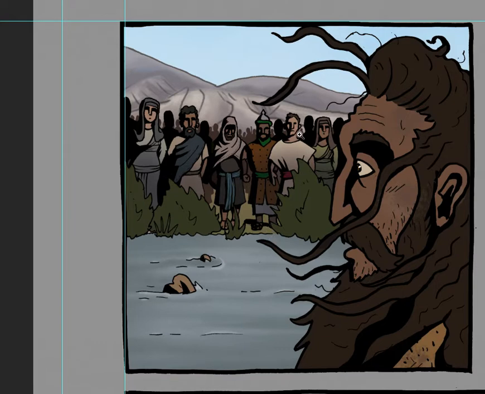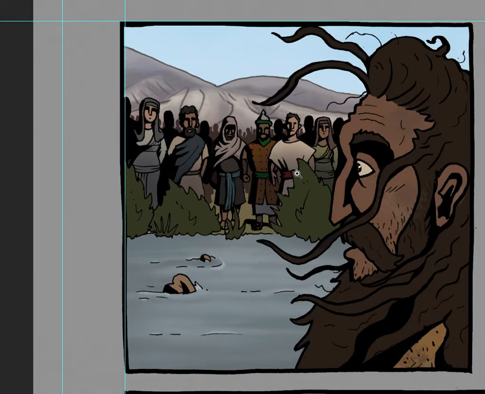You can also see there's a big crowd behind, because it says in one of the verses all Judea were there, and I don't like to cop out and just have a few people represent a nation. I tried to show that there's a big crowd, and in some later pages you can really see the size of the crowd because they're drawn from far away.